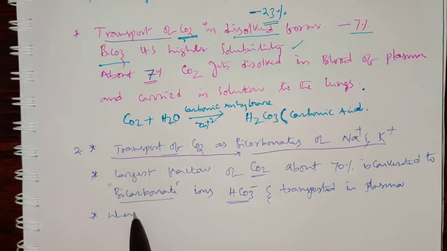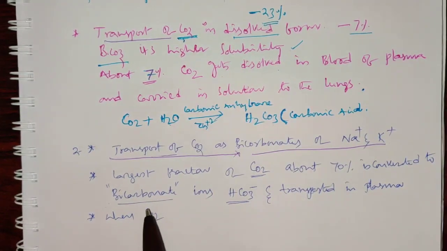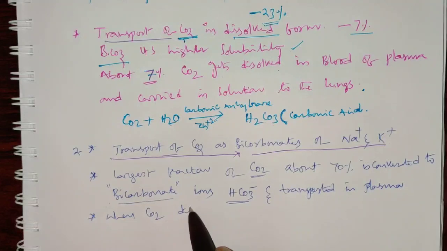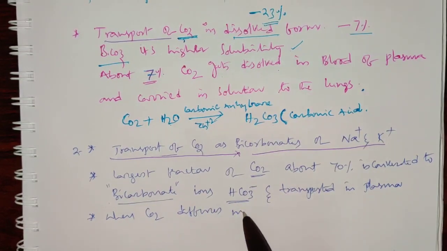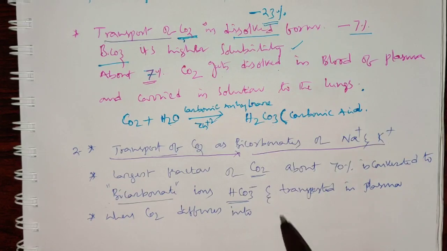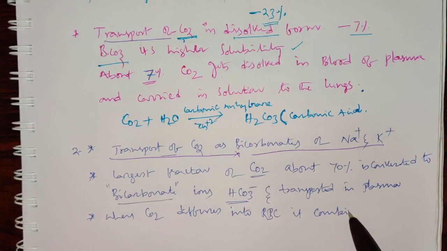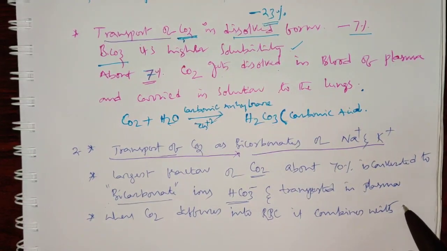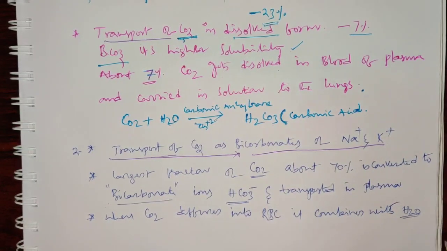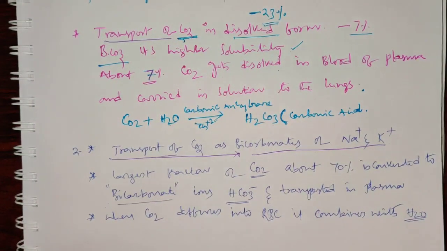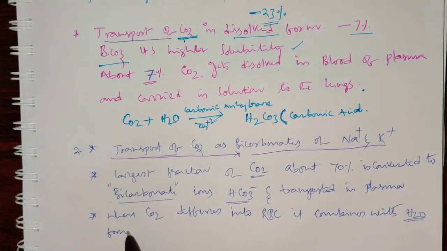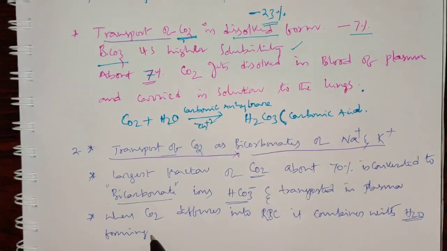When carbon dioxide diffuses into red blood cells, it combines with water, forming carbonic acid.